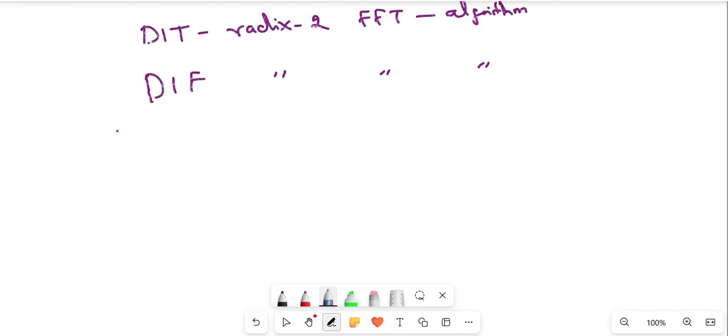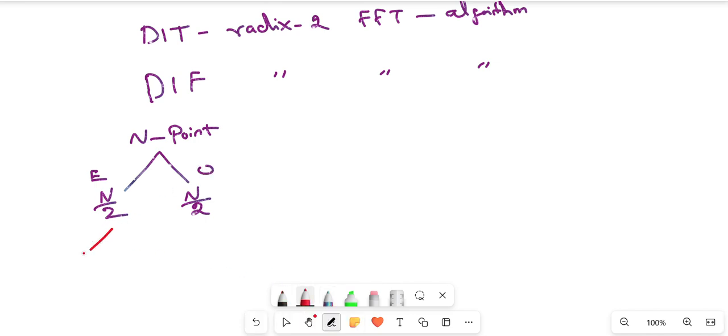Now we will see the derivation. As we said, the N point is divided into N by 2 and N by 2 points. The input samples are divided into even samples and odd samples. Again, this is further divided in a similar way into N by 4 points.